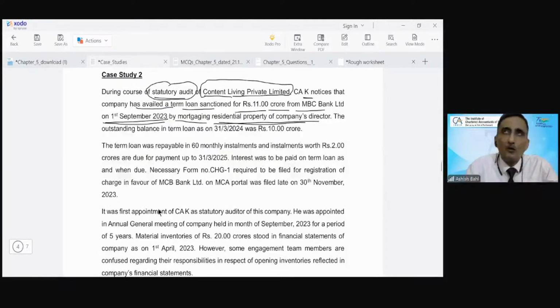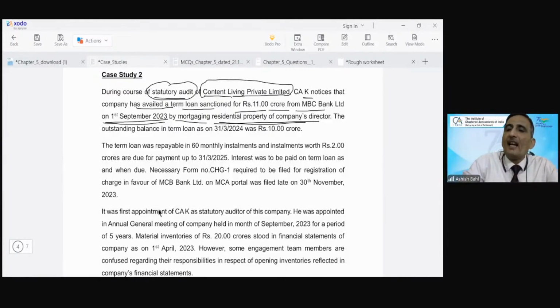So probably company could have availed term loan for installing machinery or for some other thing. And the company's director's residential property was mortgaged with the bank.